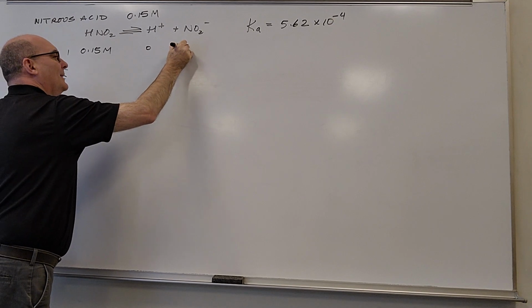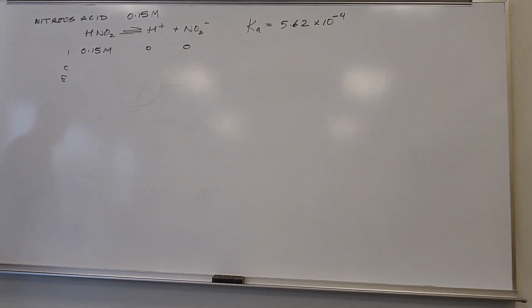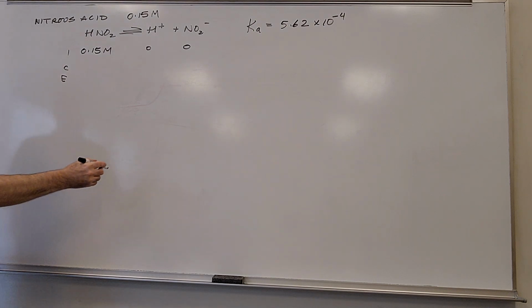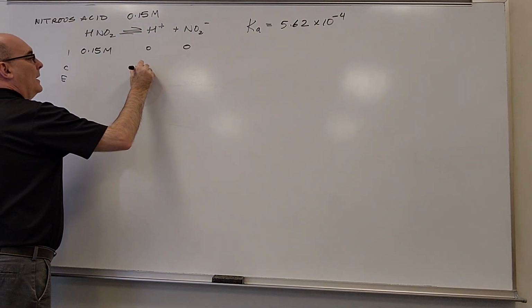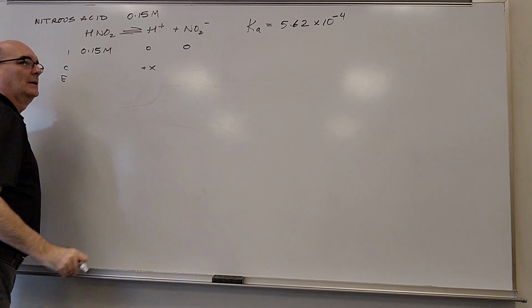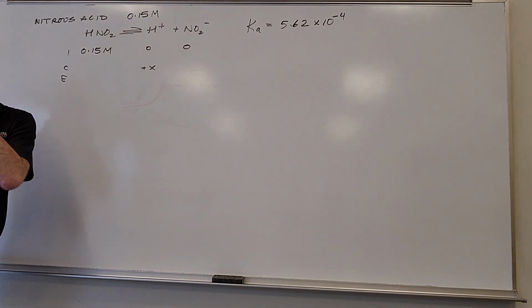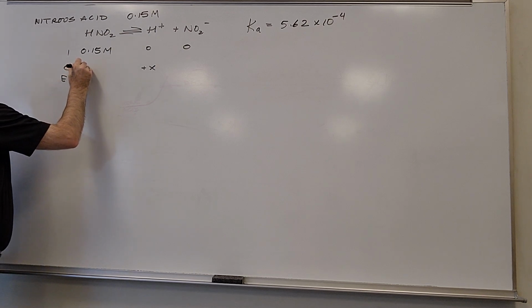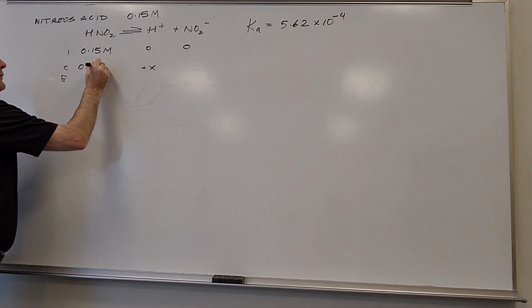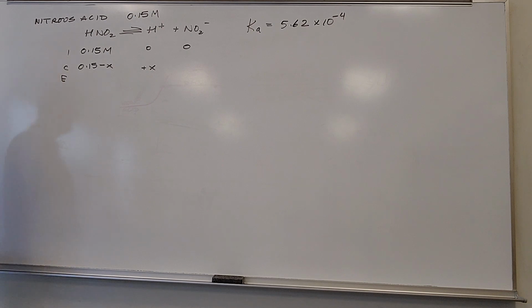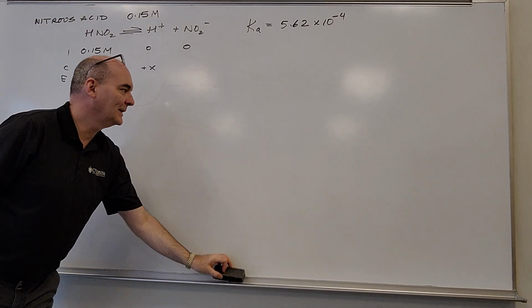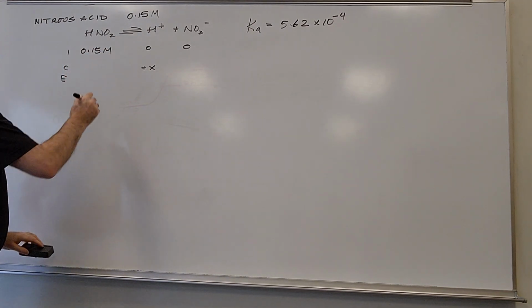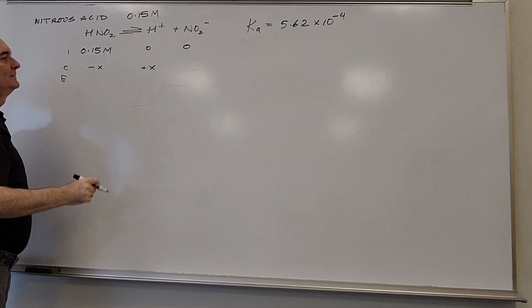This is 0, and that is 0 because it hasn't gone into solution yet. At equilibrium, some amount of H plus breaks away from the free acid. So 0.15 minus X. Oh, I'm sorry, that's getting ahead of myself. I'm going to lose some.